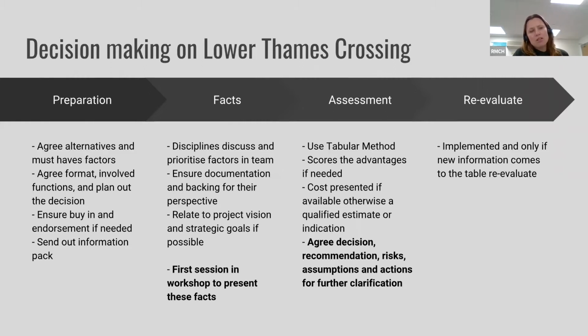So preparation is really important for us, and we get early engagement with the decision owners here. We are using a lot of information packs, sending them out to the people who might be involved. Then it comes back to making sure that you base your decisions as much as you can on facts. So before you even start making the factors, criteria, attributes, all of that, just get your facts right about the different alternatives.